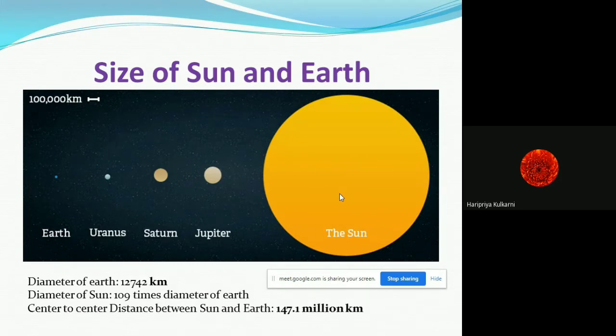Depending upon the global position of a particular country, it varies how much solar energy we get. As far as India is concerned, we are getting a pretty nice amount of solar energy and we can utilize it.